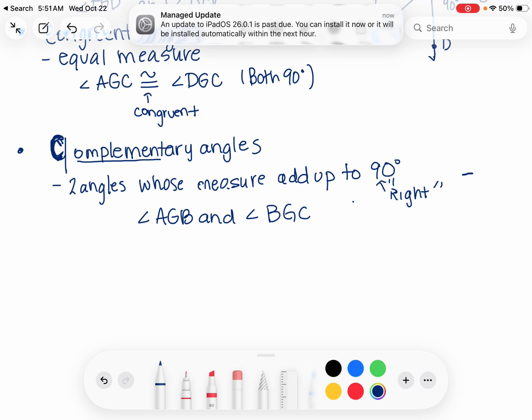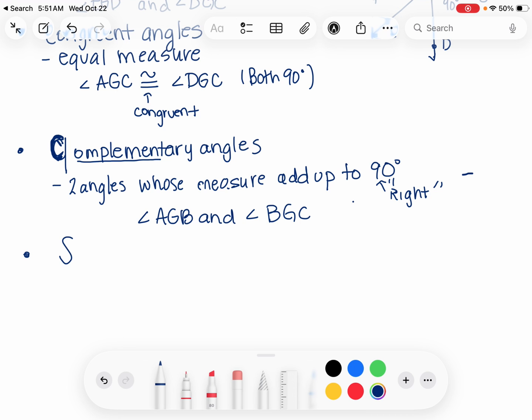All right. Next, we're going to go to supplementary angles, and I like to write it a specific way for a reason. Supplementary angles. I like for students to think of the S as it's almost forming an 8. Why?